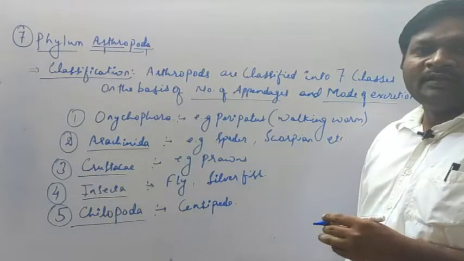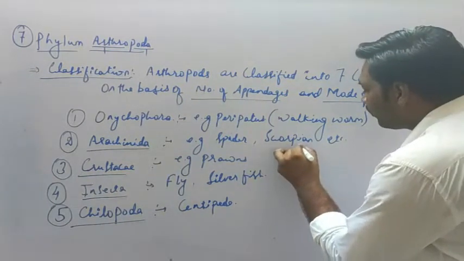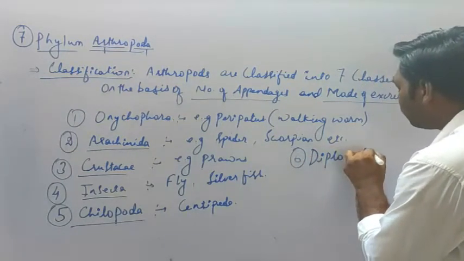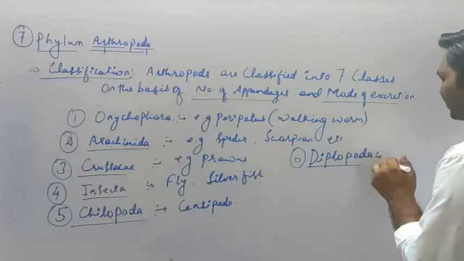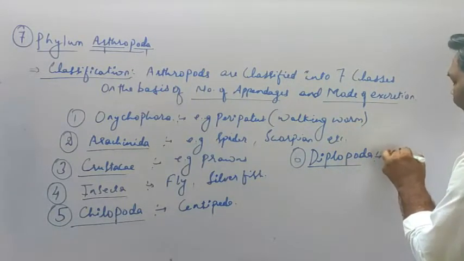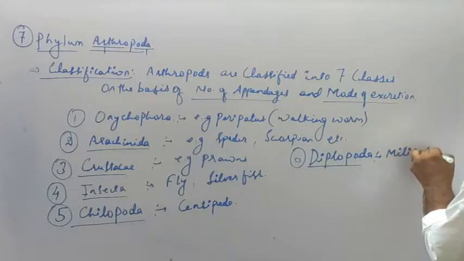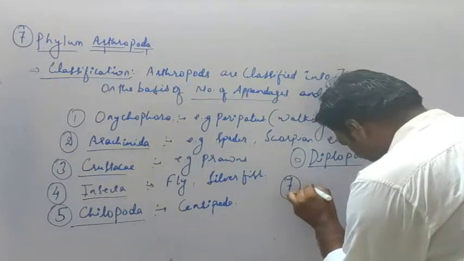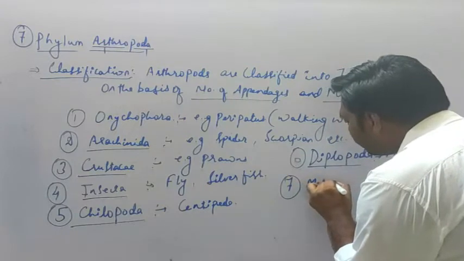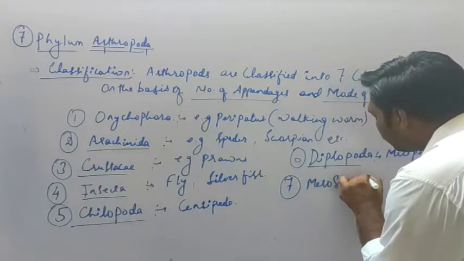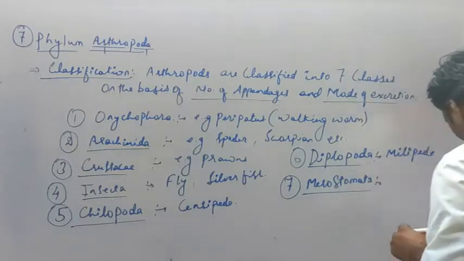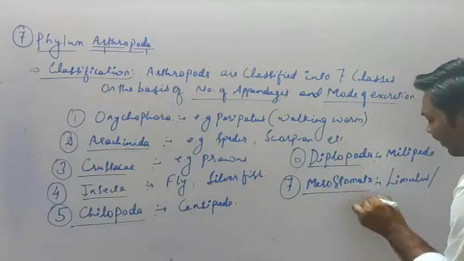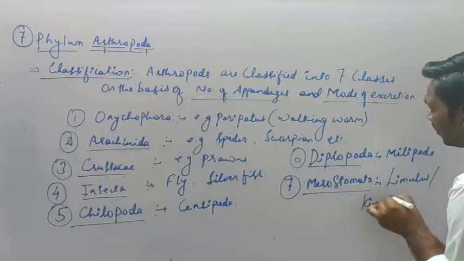Then number 6 is Diplopoda. In Diplopoda we are going to discuss the example called millipede, which is similar to the centipede. Then the 7th class is called Merostomata, and the example we are going to discuss is Limulus, which is also referred to as king crab.